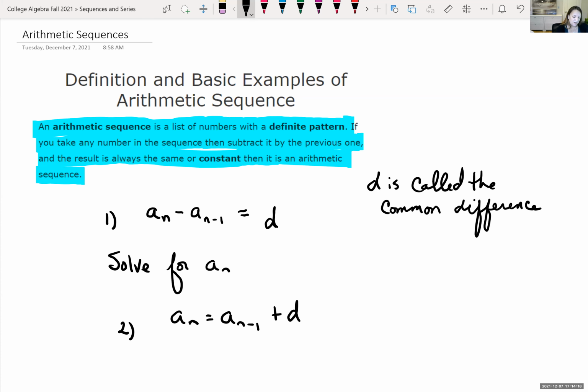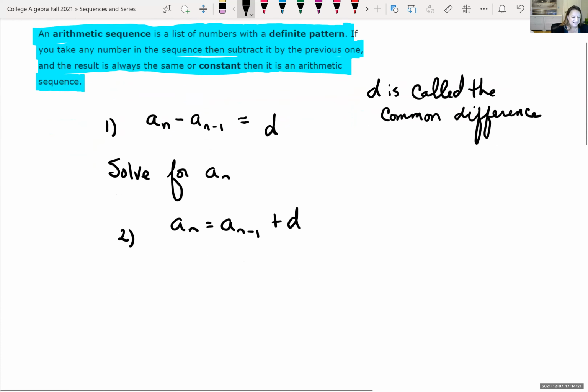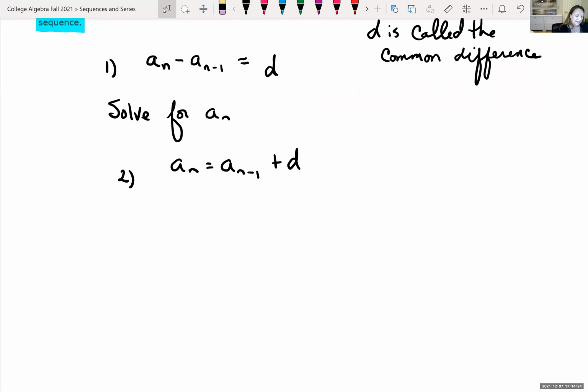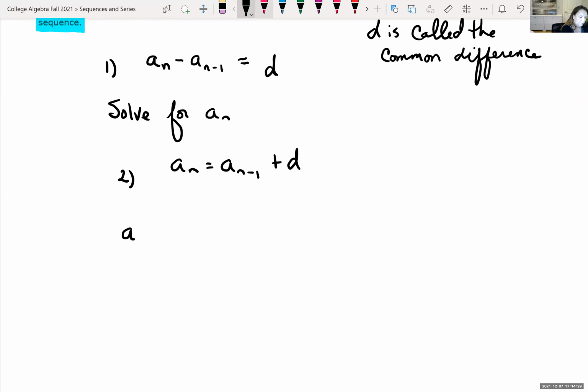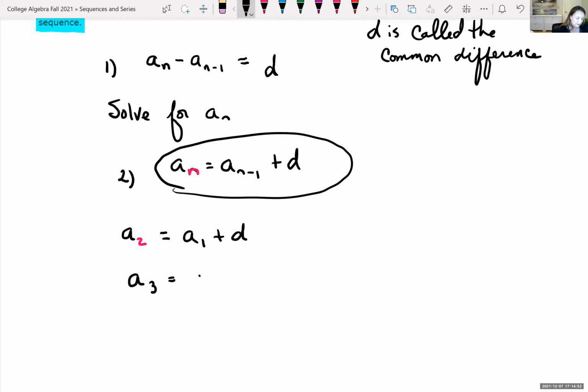So here's another formula. I'm going to use this formula to get one more formula. If I was looking at a sub 2, by the second formula we just wrote, this is equal to the term right before it, a sub 1, plus some common difference d. If I want to look at a sub 3, I'm looking at the term right before it, which is a sub 2, and then adding my common difference d to it.